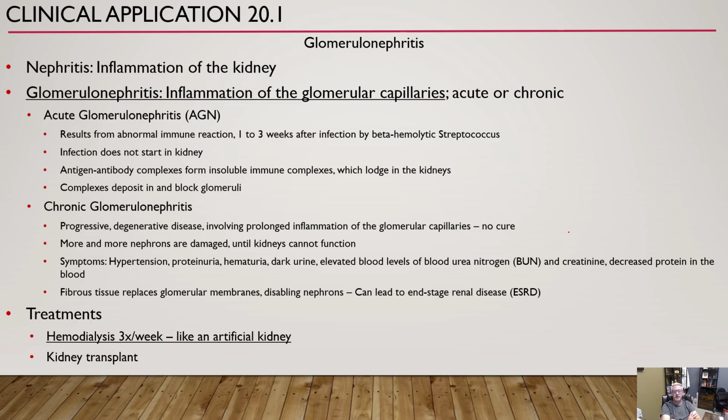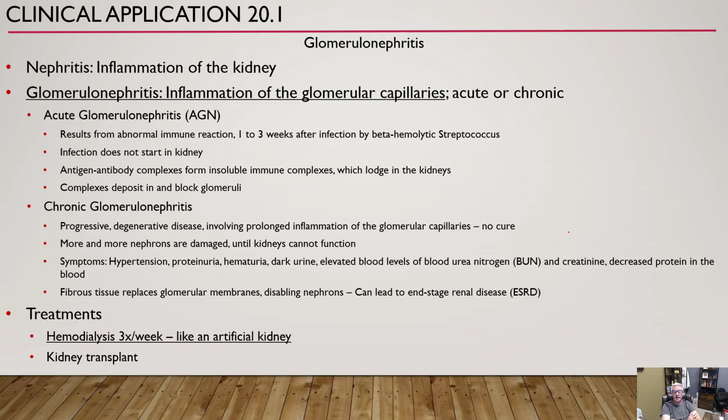The nephrons are going to be damaged. You're going to see hypertension, more proteins in the urine, and you might see blood in the urine, or darker urine. You're going to see changes in your blood, the BUN or blood urea nitrogen, and your creatinine levels are going to be increased.